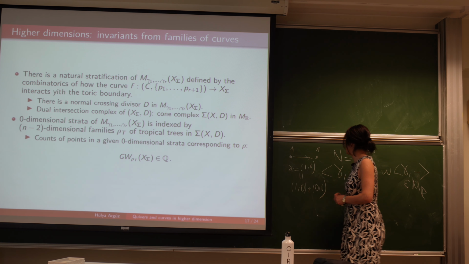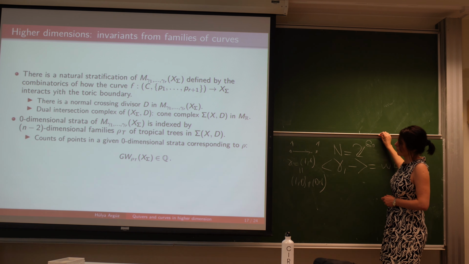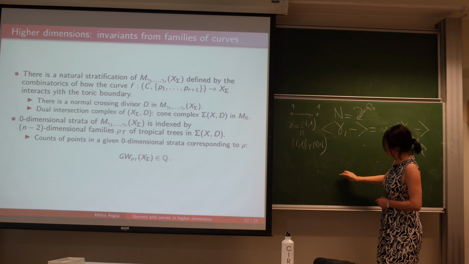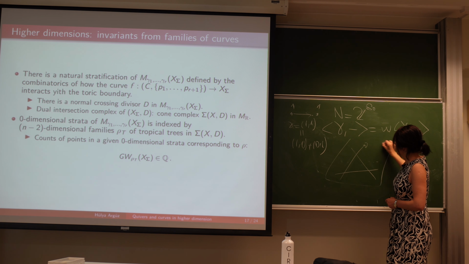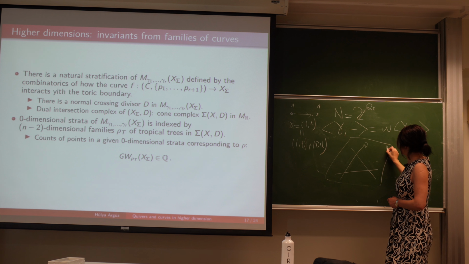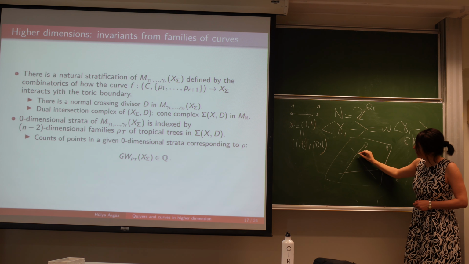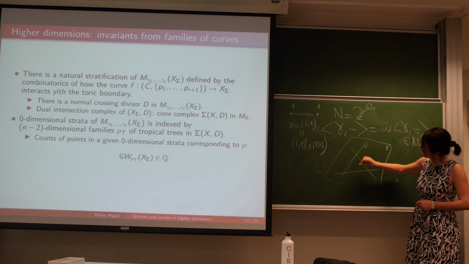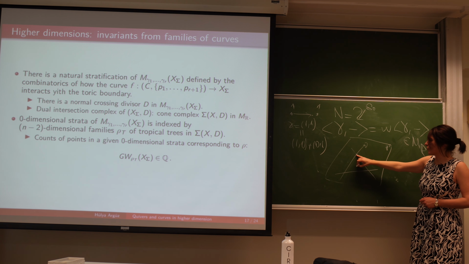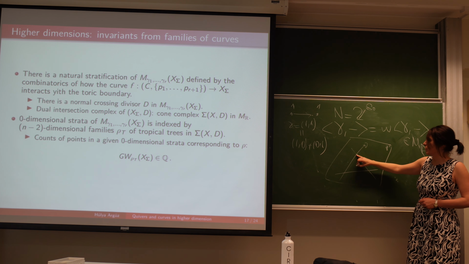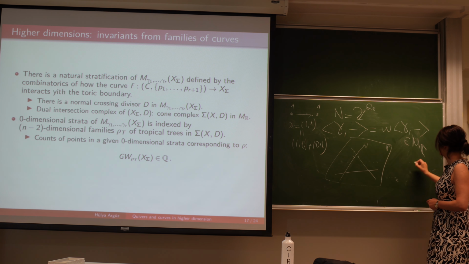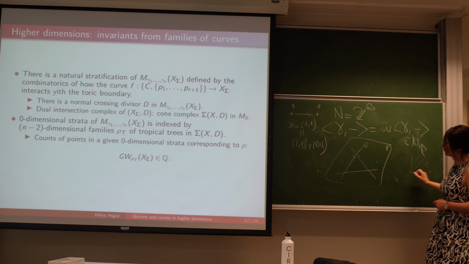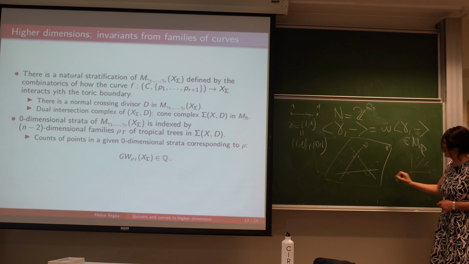So this is a cone complex, so if you just have, for instance, P2 with the toric boundary divisor D given by the union of 3 lines, then the cone complex of D in your toric variety is a cone complex which is built from cones where you replace every codimension K strata of D in your toric variety with a K-dimensional cone. So this is a codimension 2 strata. You would, for this point, put a real 2-dimensional cone. Similarly for this and this.